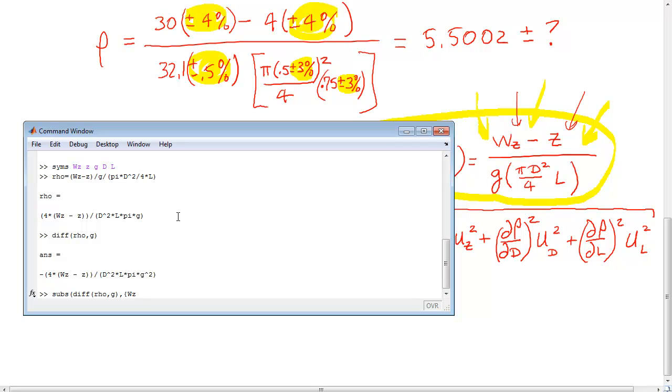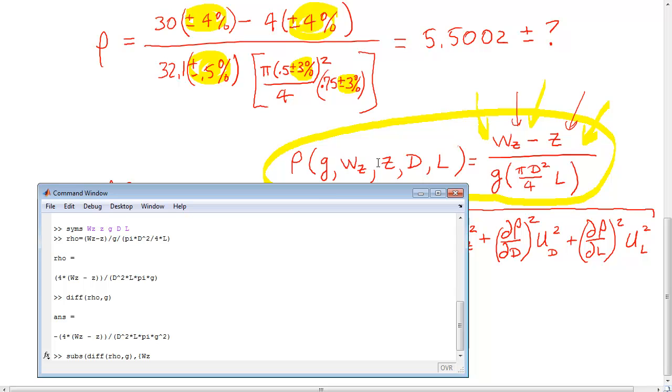WZ, and I'm going to list them in the same sequence that are listed here, maybe. Let's do it that way. G, WZ, Z, D, and L.